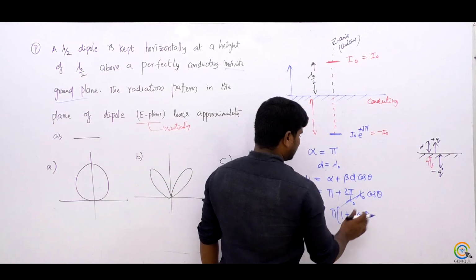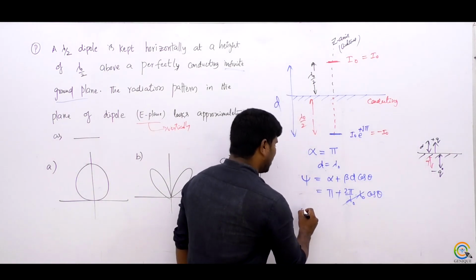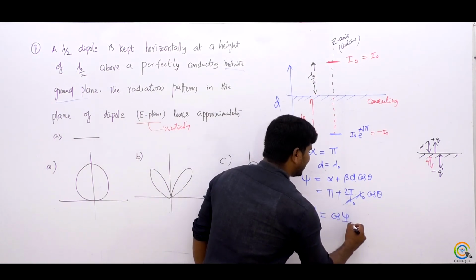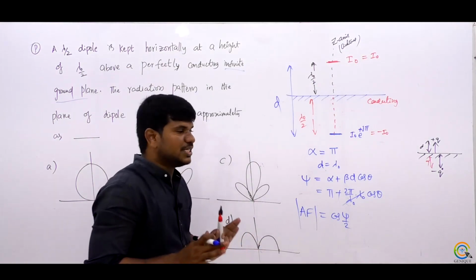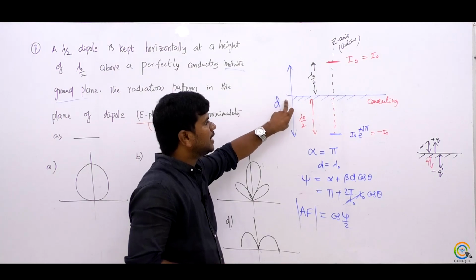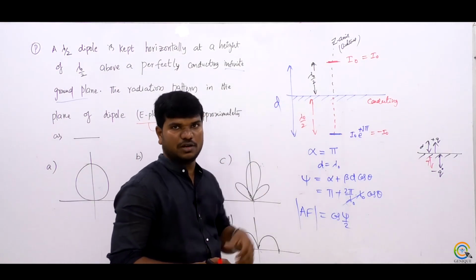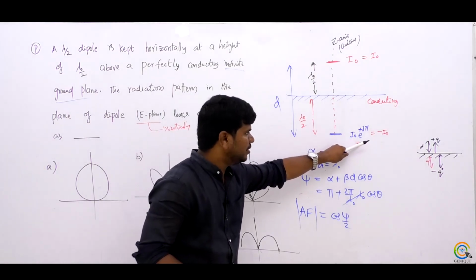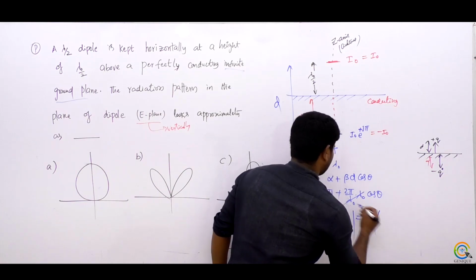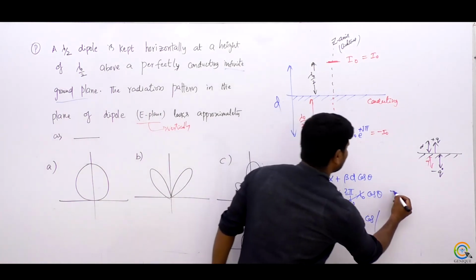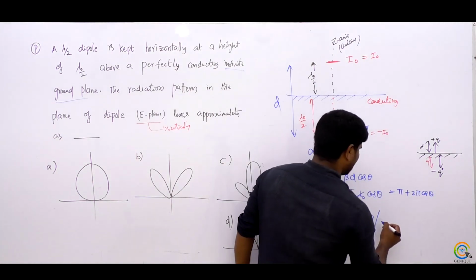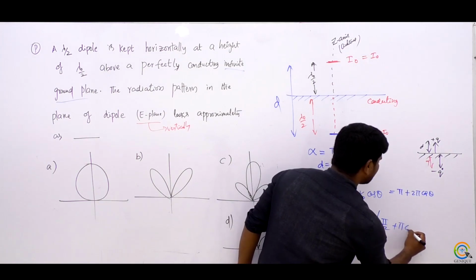Now what will be the array factor? For two elements, the array factor is cos psi by 2. See, in this question only one element is given, but it is placed near the conducting surface, so it became a two-element array because of this induction. So this is cos of pi plus 2 pi cos theta, all by 2, which is pi by 2 plus pi cos theta.